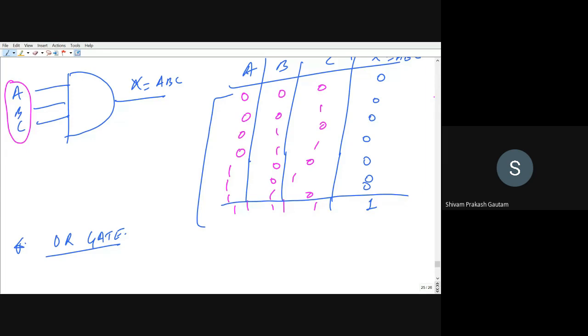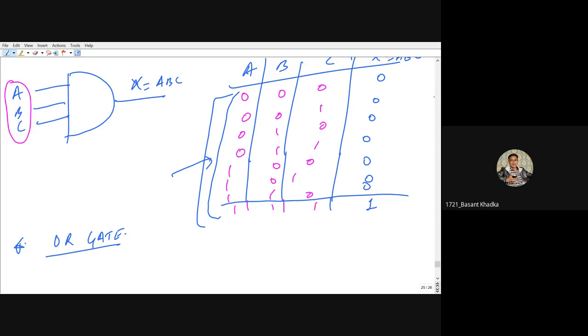Sir, in this way, I have to take input. Okay. Your question is how I am arranging these inputs. Anyone else who has got what she is asking? Sir, do I have to take input first 0 0 0 1 and then 0 0 1 1?